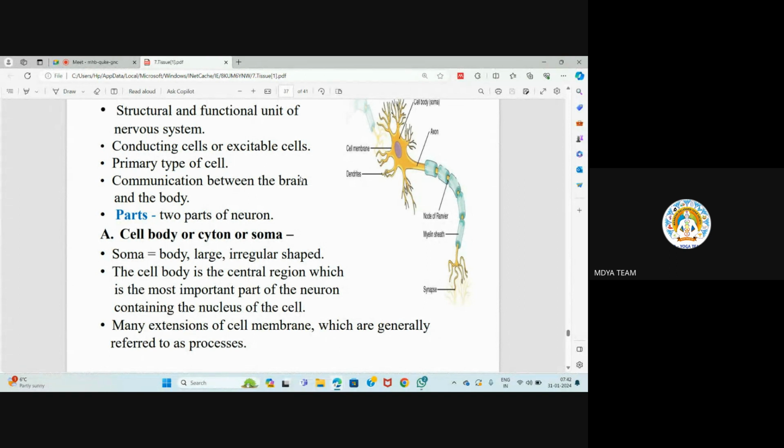The cell body is the central region, the most important part of the neuron, containing the nucleus of the cell. All processing is happening here.